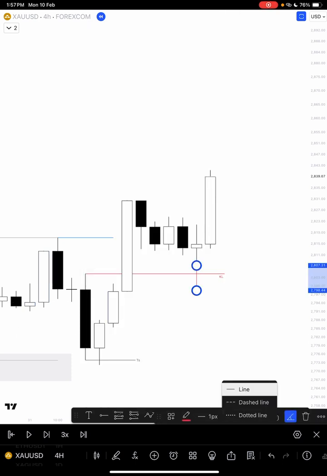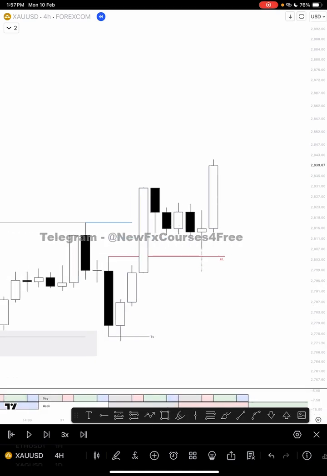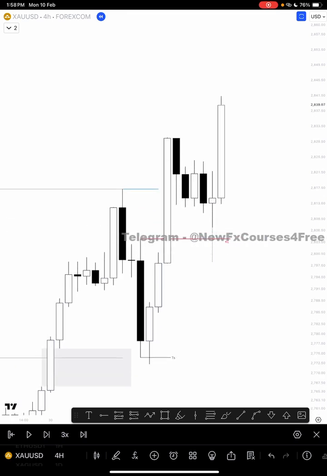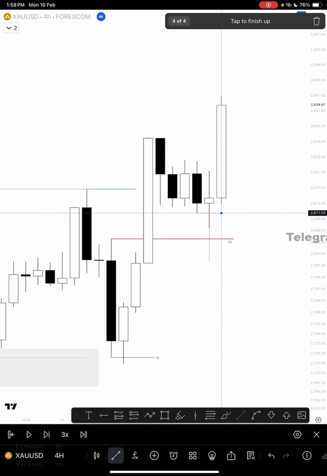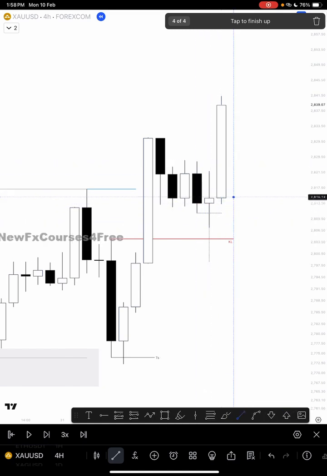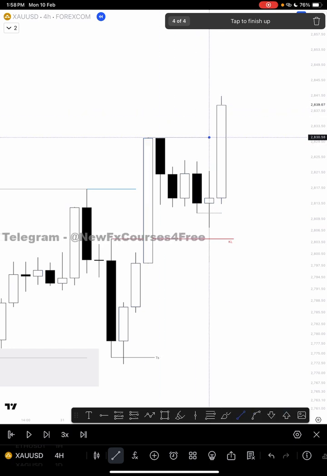So I see this as this, already retraced lower and sweeping this low, close above this range, target here.